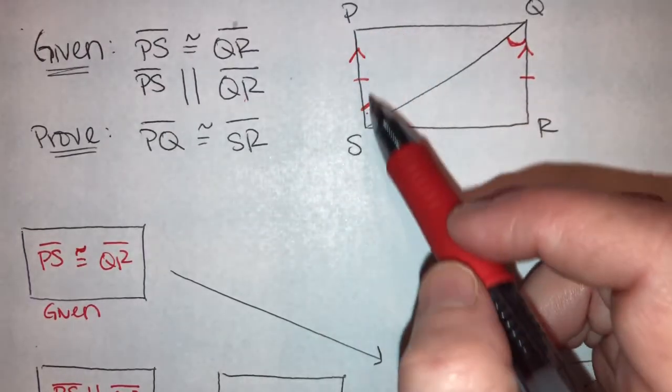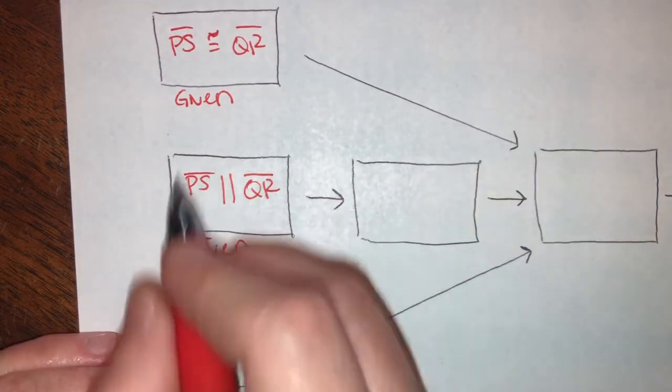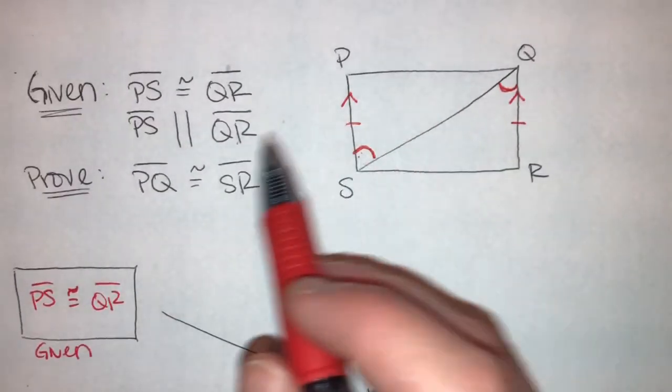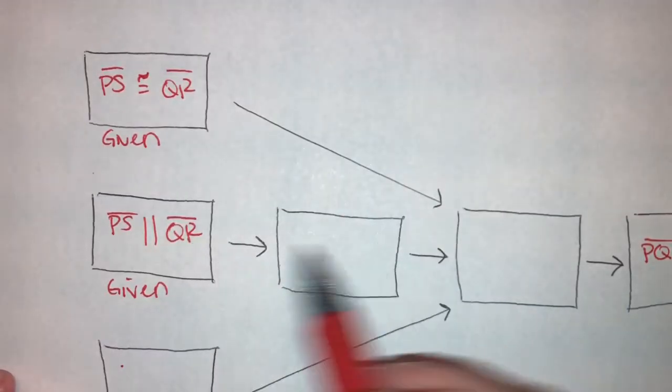Anything that you come up with based on something they've already given you goes in the next box coming off of that.